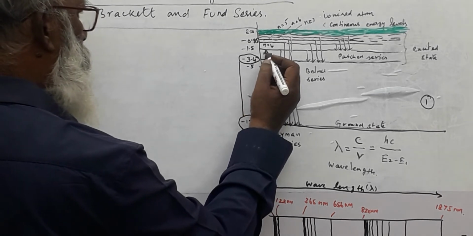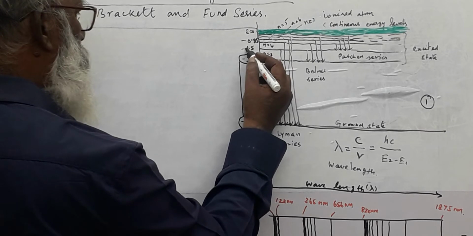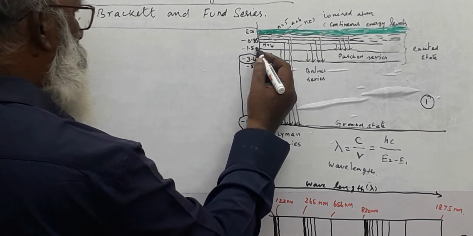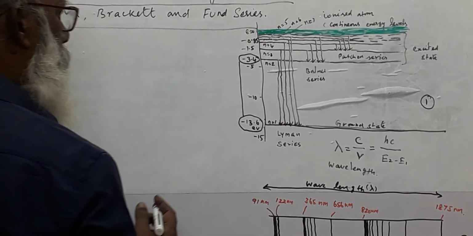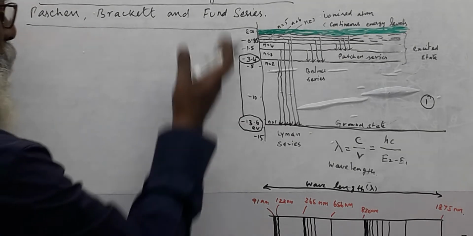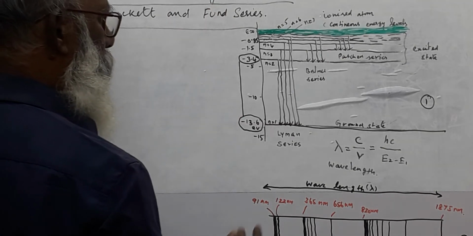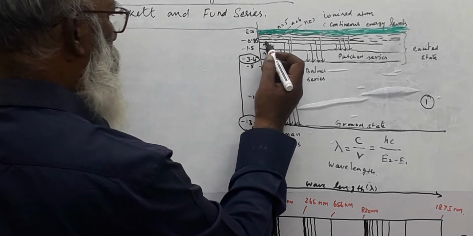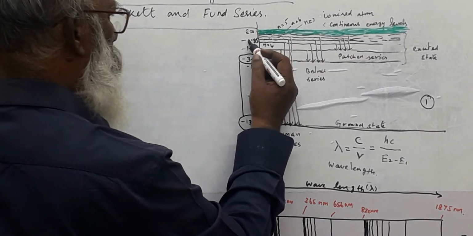When you consider n equal to 3, that is equal to minus 1.5 electron volt. We already studied the values of all these in the previous chapter. When you consider n equal to 4, that is equal to minus 0.85.